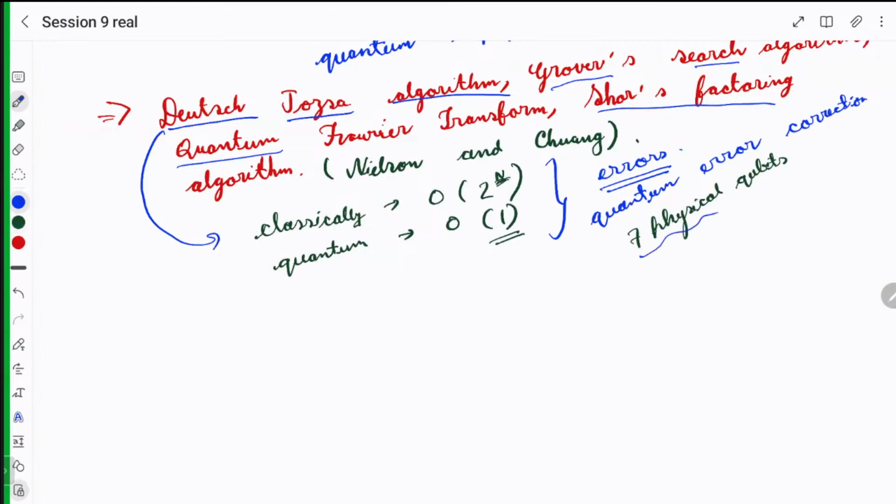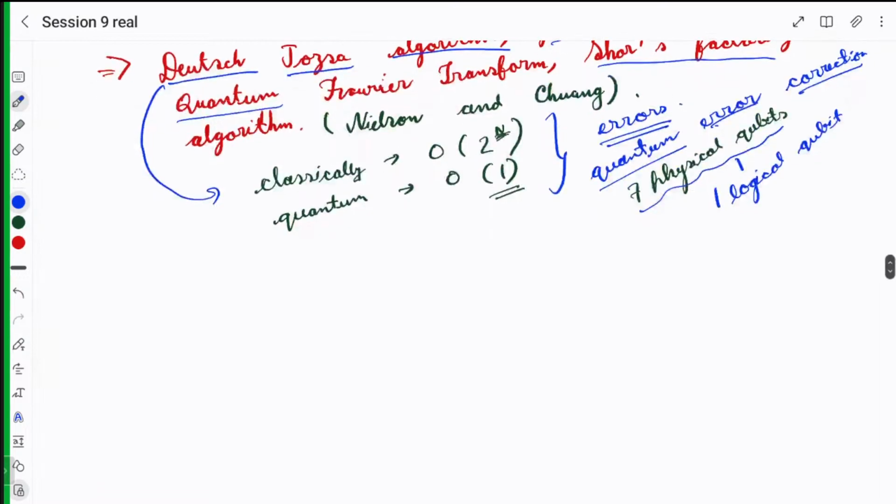And in the 7 physical qubits, you encode only one logical qubit. This is the process of quantum error correction that we need to do in order to implement these algorithms without errors.